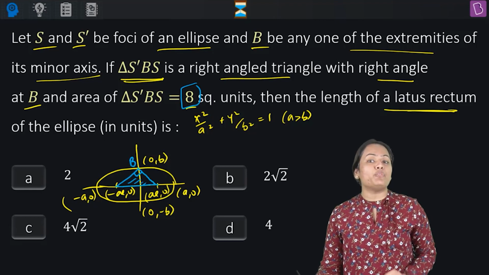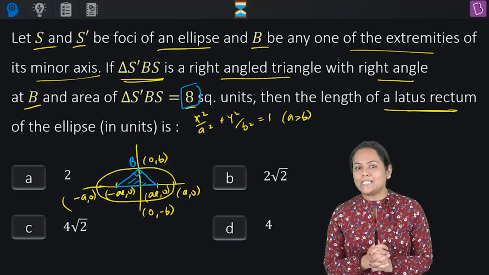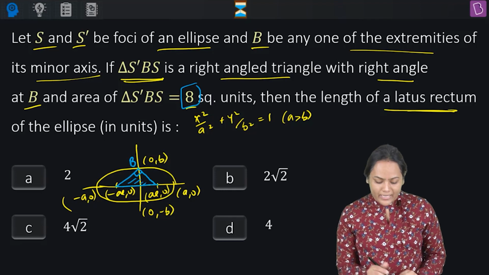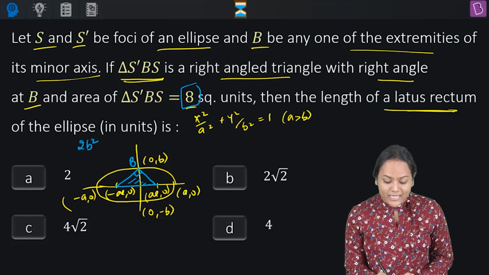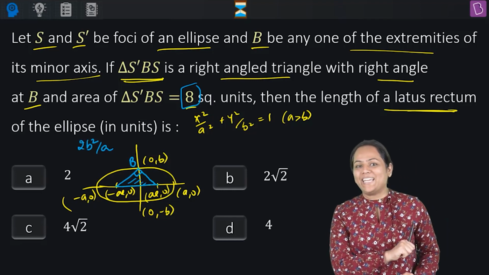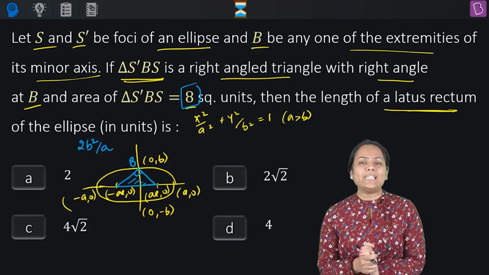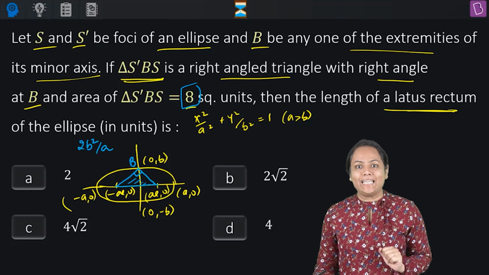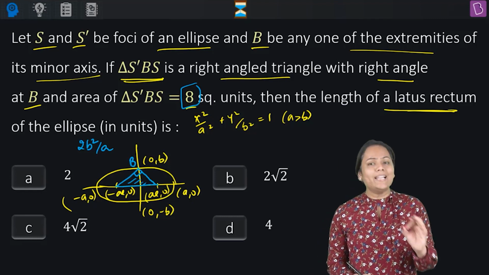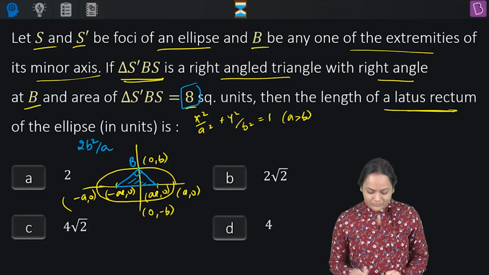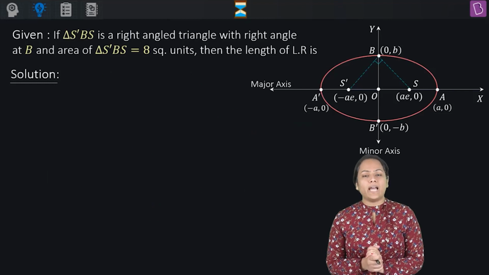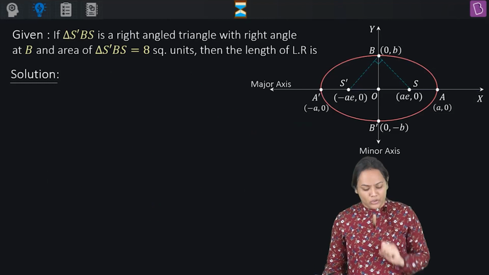Well, you remember the formula for the length of LR. What is that? Well, if I have this case, the length of LR will be nothing but 2b square by a, isn't it? So to get the length of LR, I have to definitely get the values of b and a, right? Very well. Let's start with the solution. So this is what they have given to us. We have 2 pieces of information here.